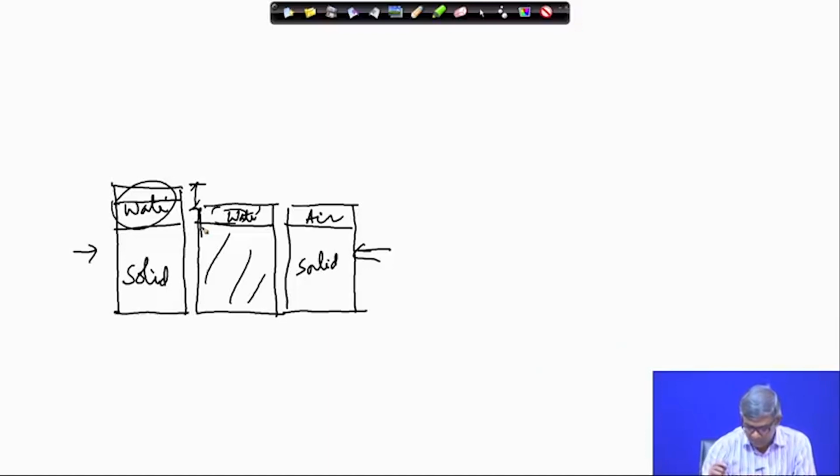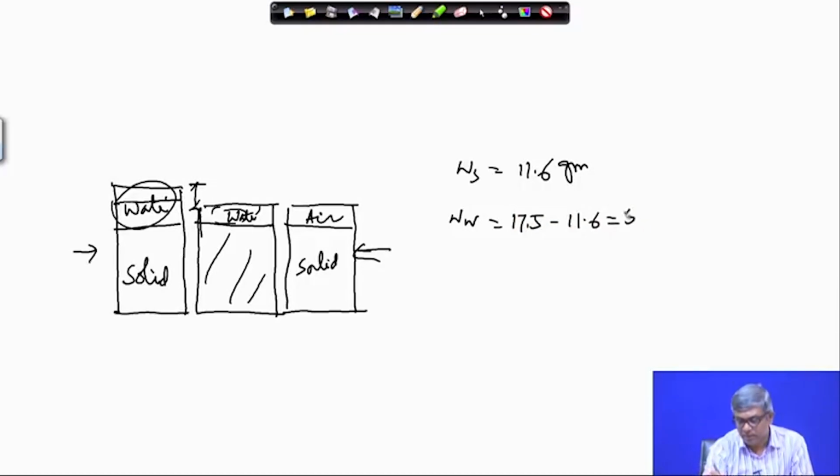So, how to do that? You can see W_s, the dry weight, was given as 11.6 gram, and then the weight of water, original weight minus final weight, is 17.5 minus 11.6, which gives you 5.9. And now your definition of SL will be equal to 5.9, the original, minus, and how to find out this volume?